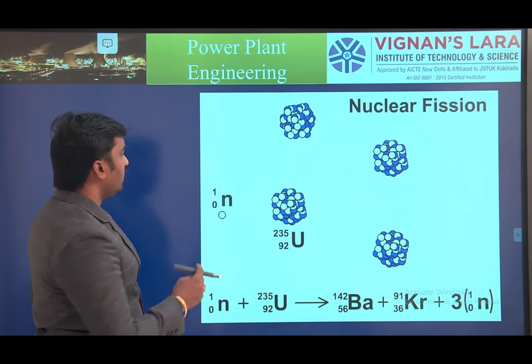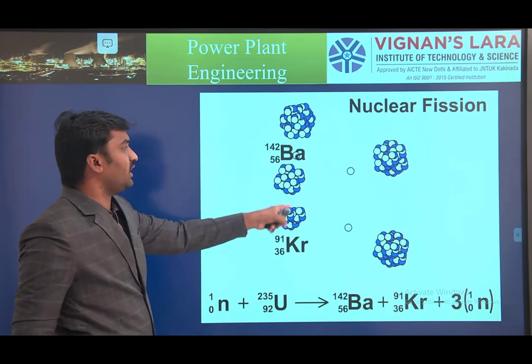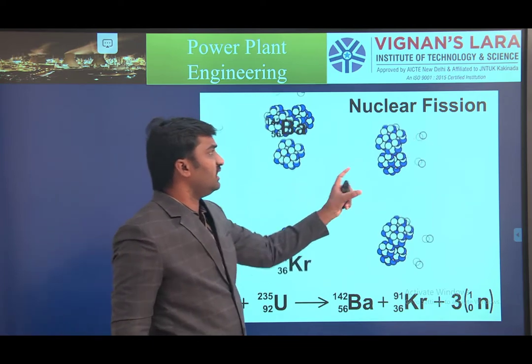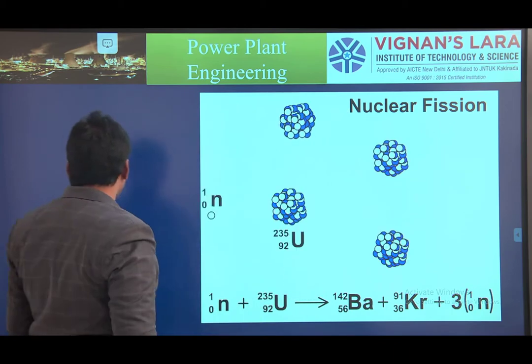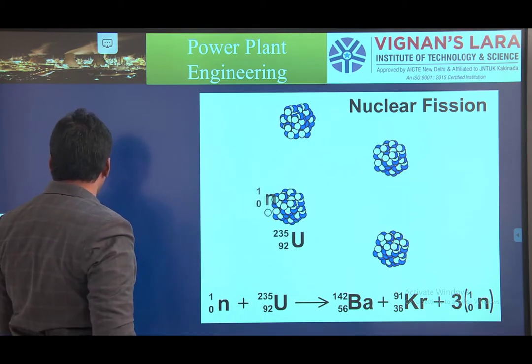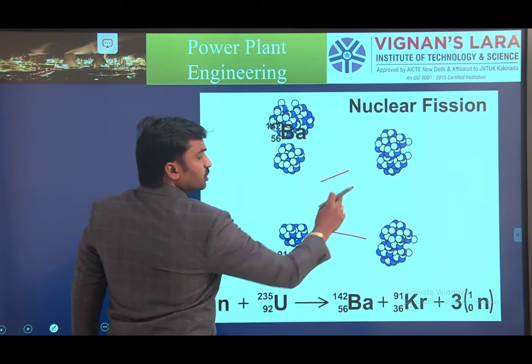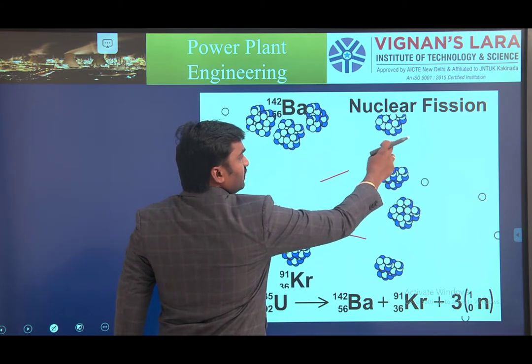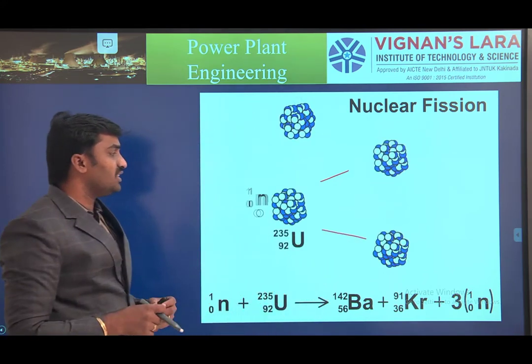Here one neutron collides with an atom, and that atom is again divided, releasing more neutrons. This process continuously emits neutrons. These neutrons collide with other atoms, which are subdivided again into neutrons.